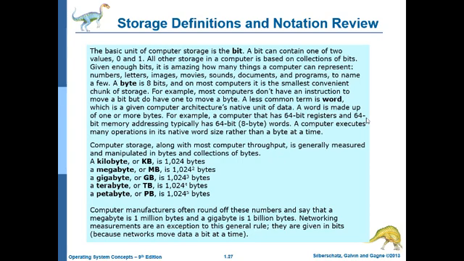After that we had 32-bit computers, with 4 bytes, because 4 bytes are equal to 32 bits. And now these days we have 64-bit computers, which means one word is equal to 8 bytes, which is 64 bits. So these are different sizes of words.